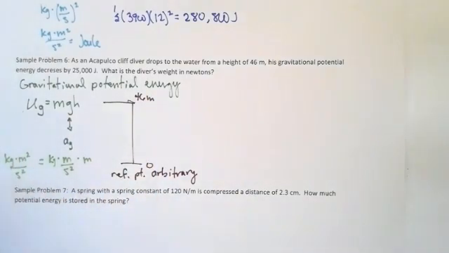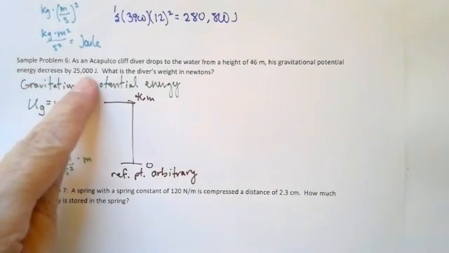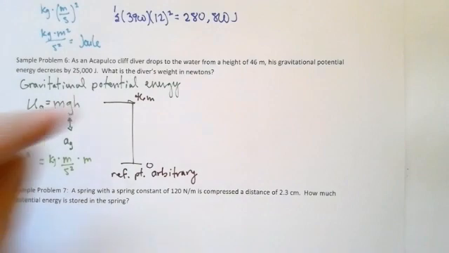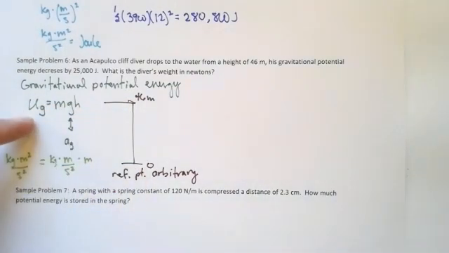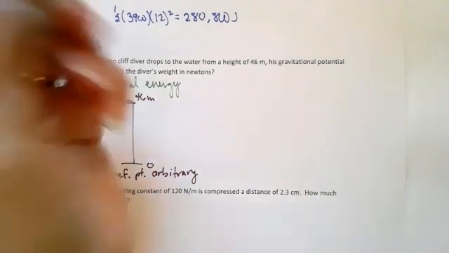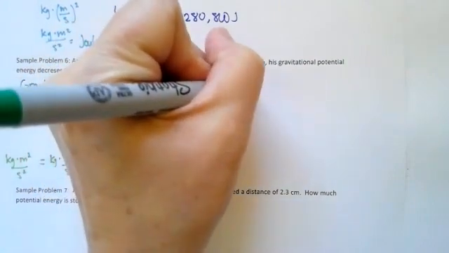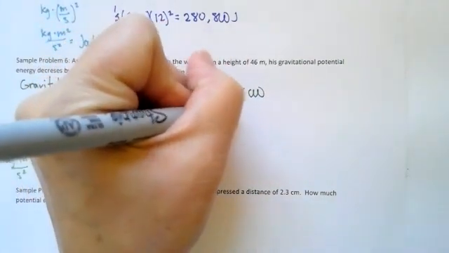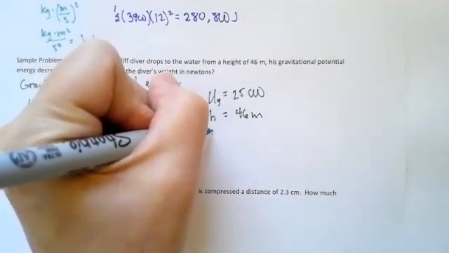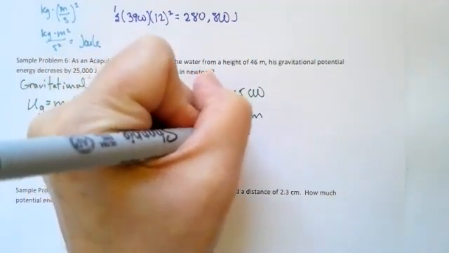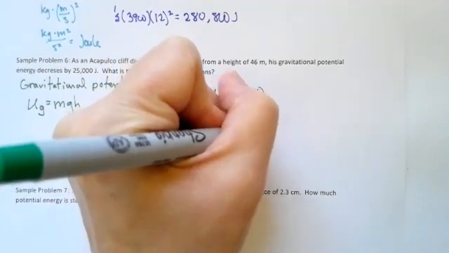So the problem says his gravitational energy decreases by 25,000 joules. So when he jumps from here to here, U sub G goes down by 25,000 joules. What that tells us is that U G is 25,000, my height is 46 meters, and little g is 9.81 meters per second squared.